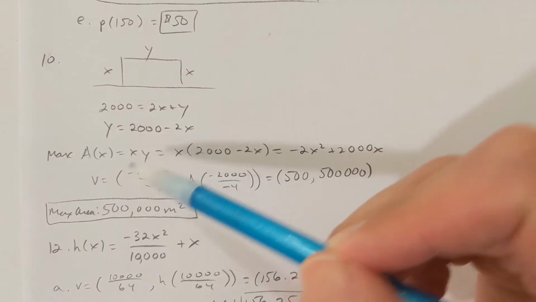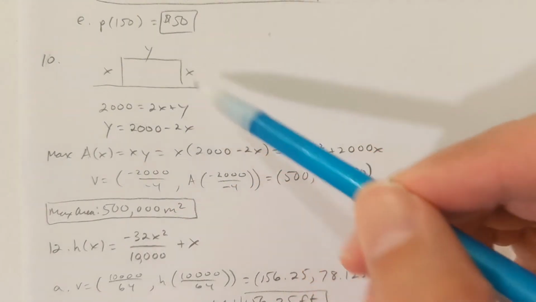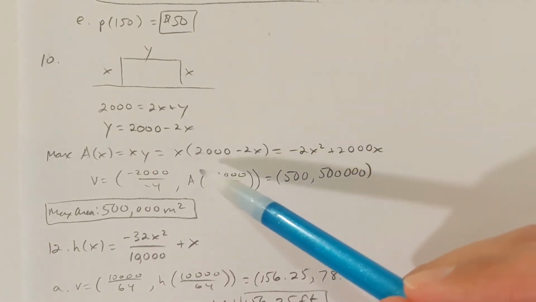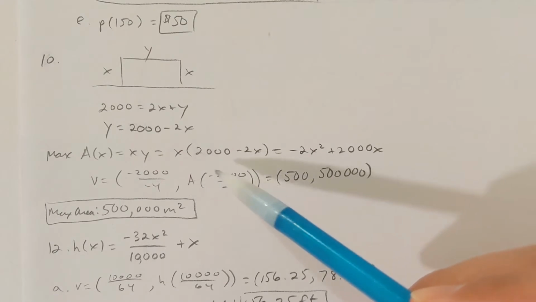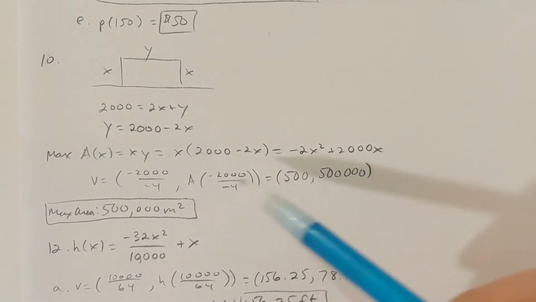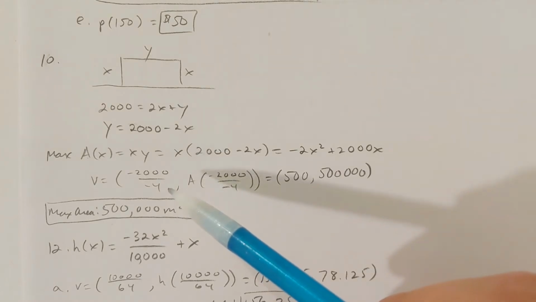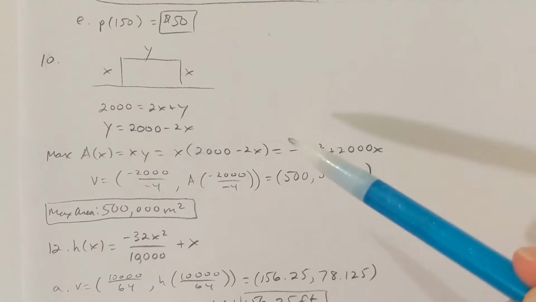So I want to maximize the area. The area of a rectangle is length times width, x times y. Negative 2x plus 2,000 times x is negative 2x squared plus 2,000x. Okay, so the vertex, maximize is the key word.